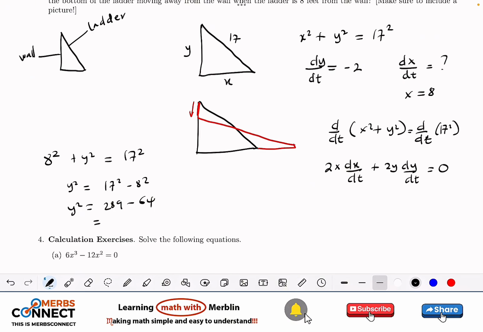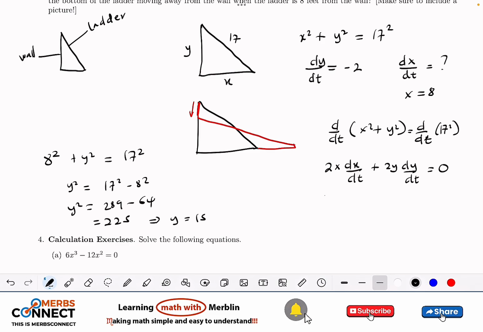This one is going to be 225. And then what is the root of 225? I think 15, right? Yes. So it implies that y is equal to 15. So that's what we are going to get. Am I lying? No, not lying. Yes, so y is going to be 15.